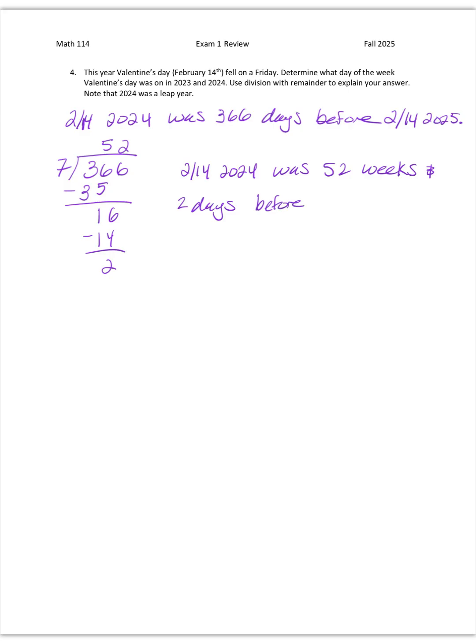before February 14th, 2025. So going backwards from Valentine's Day 2025, we go back 52 weeks, and it's Friday, right? 52 weeks earlier, it's Friday, and then we got to go back 2 days more, and we'll be at Valentine's Day again. Okay, so we can say 52 weeks before February 14th, 2025 was also a Friday.